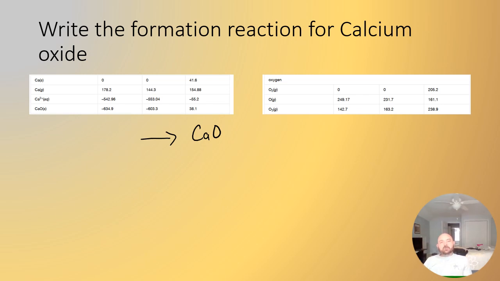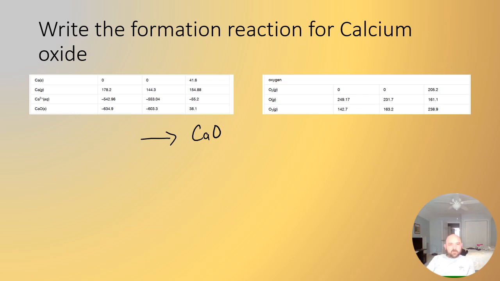All right. So then we need to write a formation reaction. Formation reactions show compounds, CaO, being written from their elements at standard states. I've got the entries for oxygen and calcium ripped from the thermodynamic tables here. And I see for calcium, the one with the zeros, the one at the top, is the standard state.